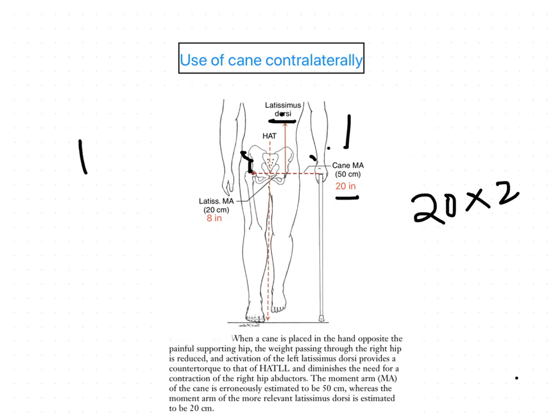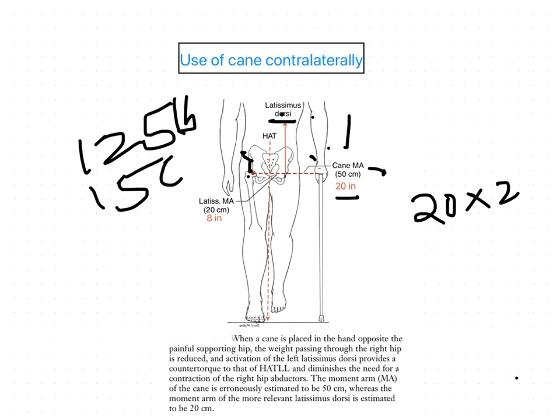So the total compressive force on the joint is 125 lb, because some of the weight is transferred to the contralateral side, plus the abductor force created by the hip abductors, which is 150 lb. So the total you will get is 275 lb.